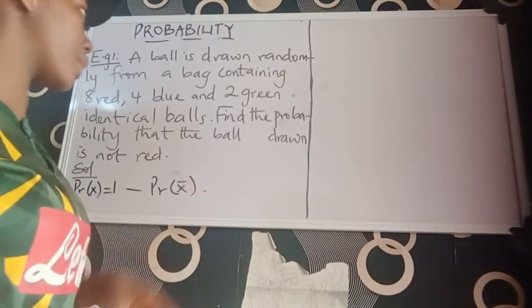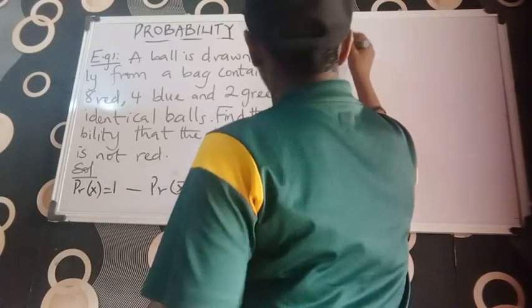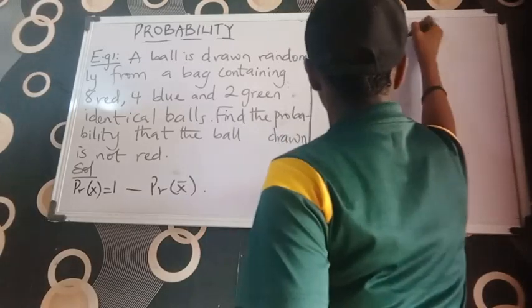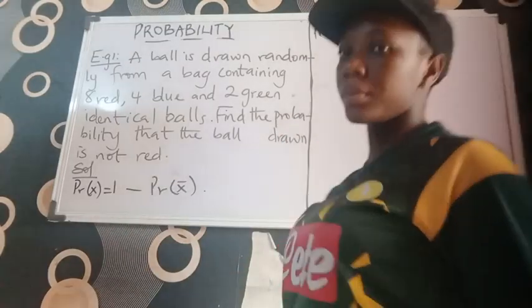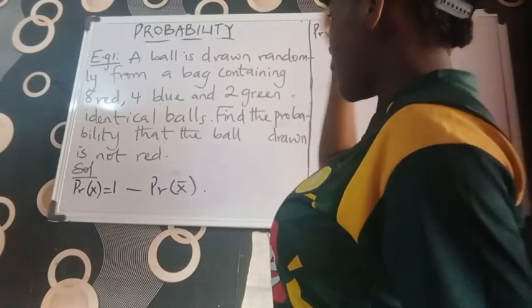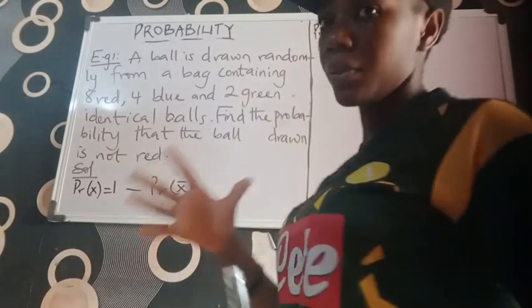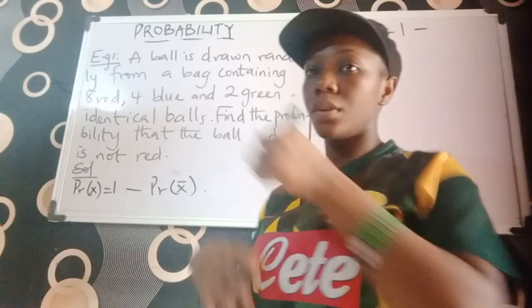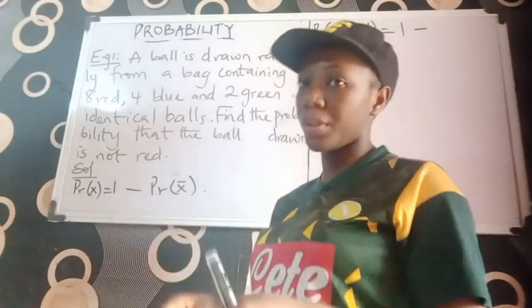So using this now, we say probability not red. That is 1 minus the probability of a red ball. In this, it means 8 all over the total number. Remember the general formula for probability states: number of required outcome all over number of possible outcome.